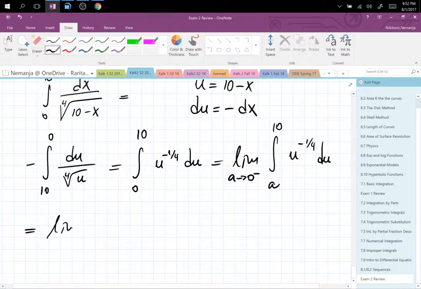Either way, we integrate. The limit as a goes to 0, and when I integrate this, I get u to the 3/4 over 3/4, from a to 10.